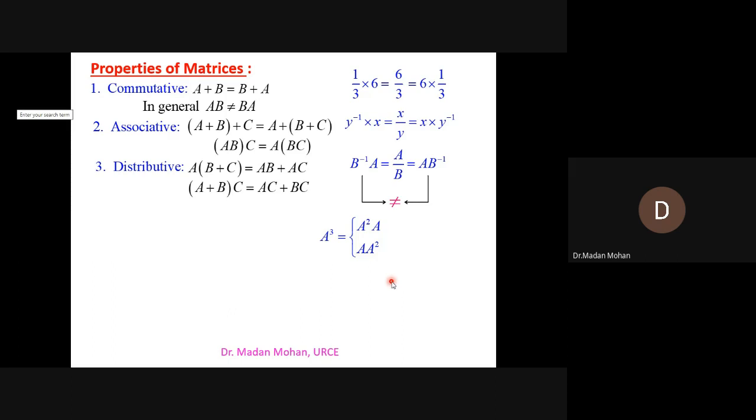Please don't hesitate to answer. A square into A, sir. A square into A, okay, very good. I agree with you. A into A square, is it wrong or right? Right. It is also right.